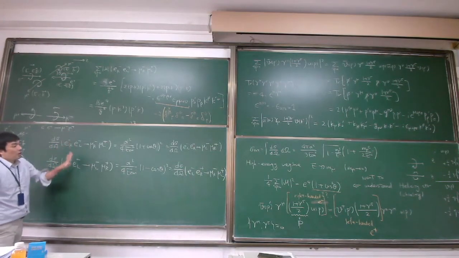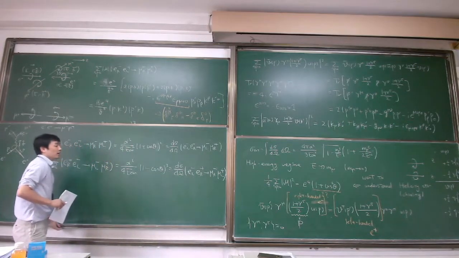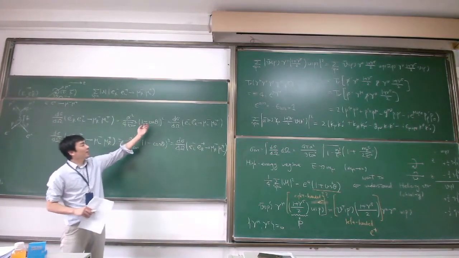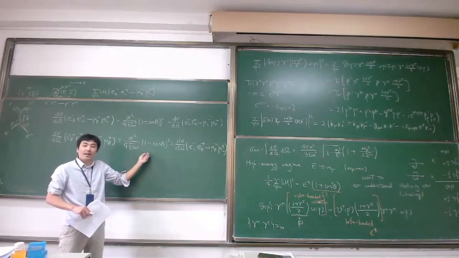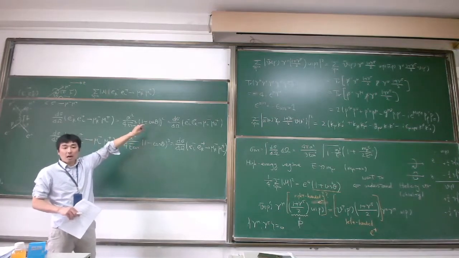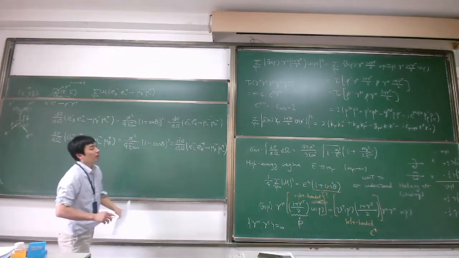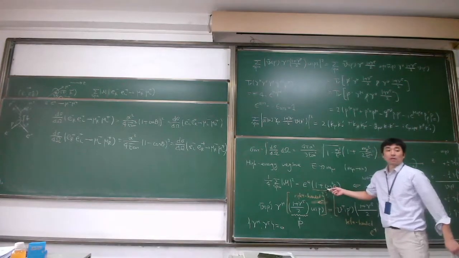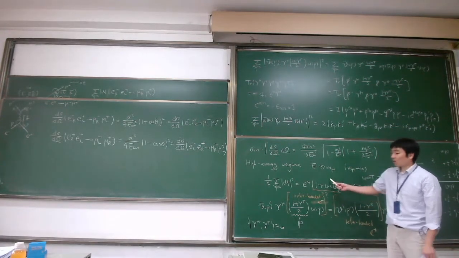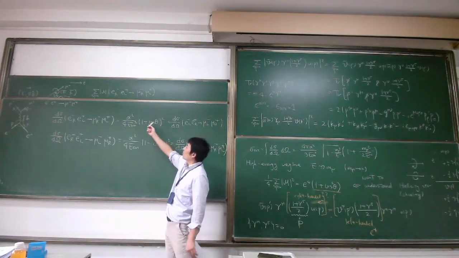And if you sum all the chirality up, the cross term will cancel. If you square it, you have 2 times cos theta here, minus 2 times cos theta here. If you sum them up, the cross term will cancel. And at the end of the day, if you take 1/4, what you get is this one. This cos square dependence is really coming from this square of cos theta.